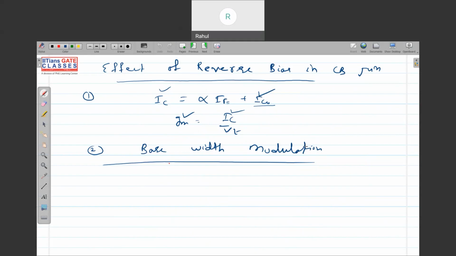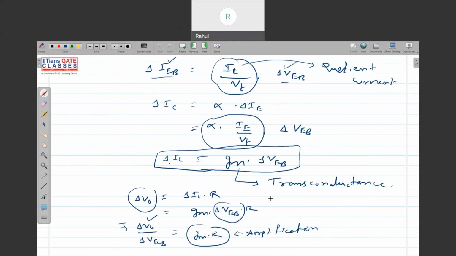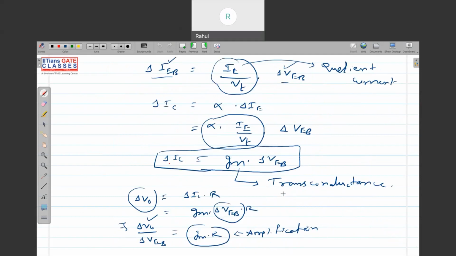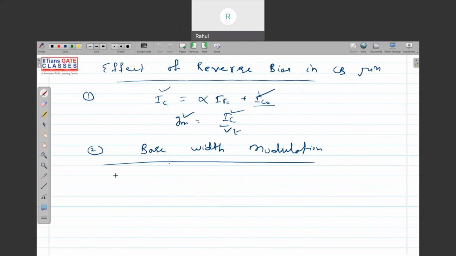So we have seen qualitatively how base width modulation affects your collector current. But in order to see it quantitatively, we will have to derive an expression for alpha. So first we will derive the expression for alpha.